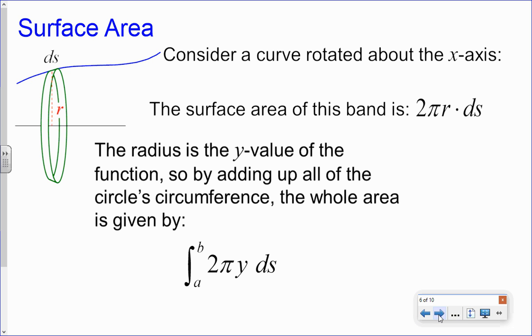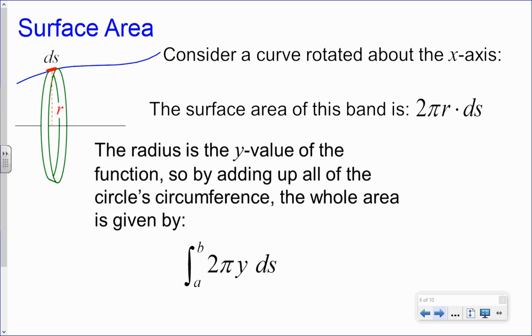Let's talk through this. Consider a curve rotated around the x-axis. If we take a little chunk of arc length right here and rotate it around the x-axis, we have this band, kind of like a rubber band. We have 2 pi r as our circumference, but then it has some thickness to it.